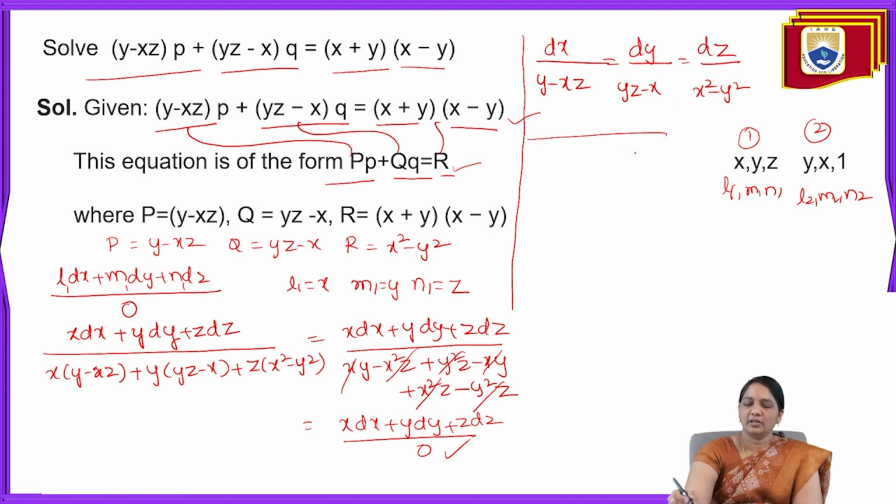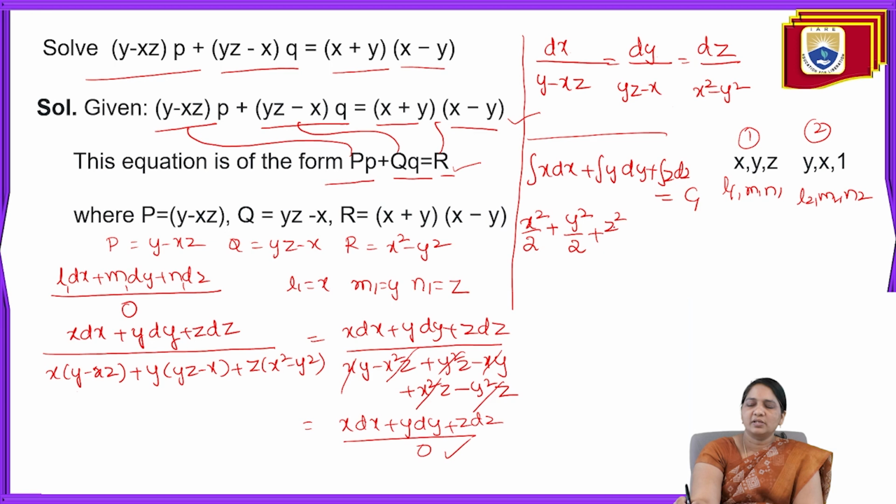So now I can integrate: integral x dx plus integral y dy plus integral z dz equal to some constant. Integral of x is x square by 2, plus y square by 2, plus z square by 2, equal to some constant.